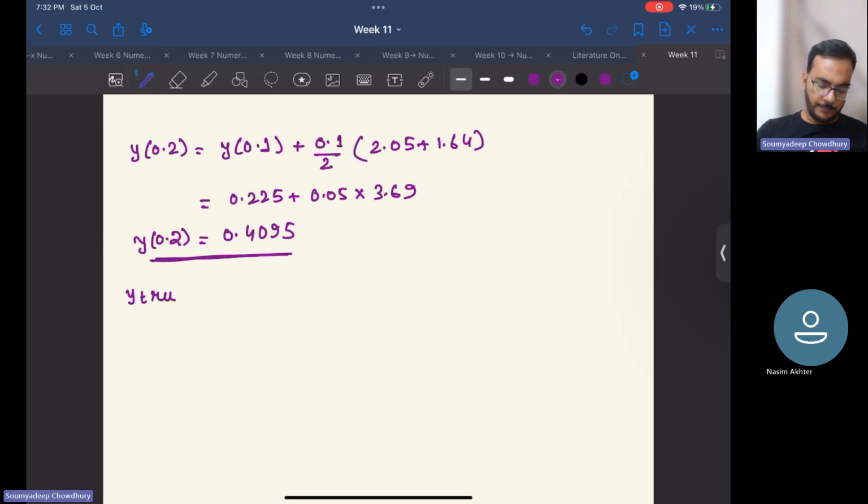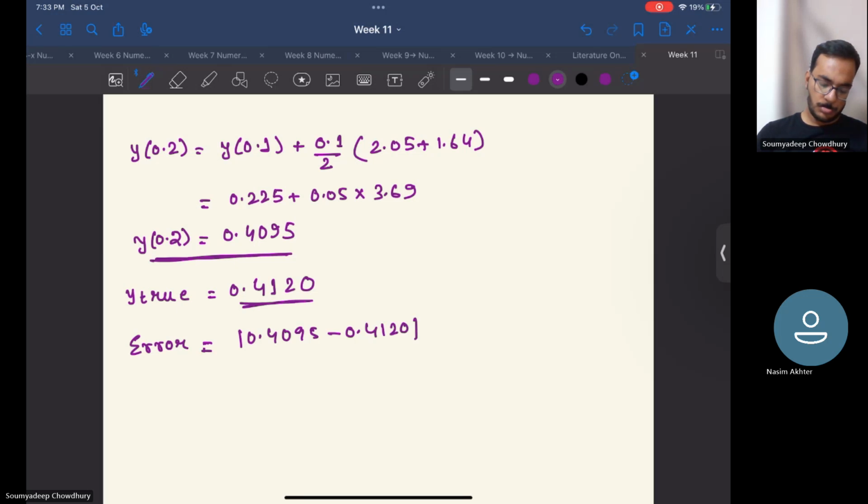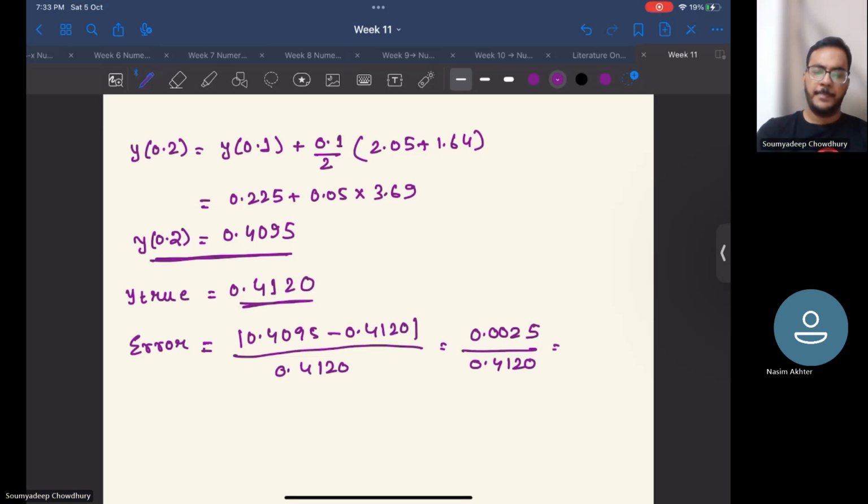What was your true value? It was 0.4120, right? So you can see it is more accurate here. Now if you find the error, 0.0025 by 0.41, your error here comes out to be around 0.61 percent.